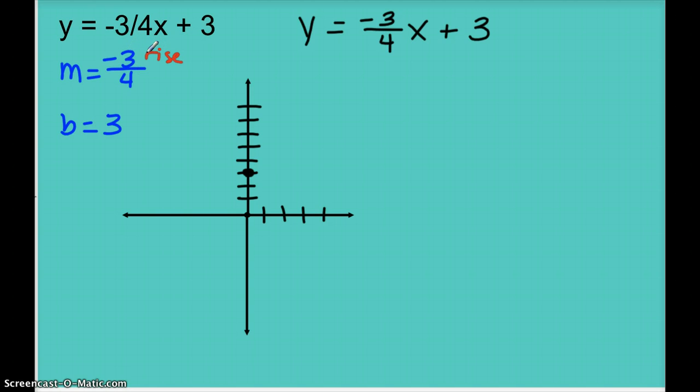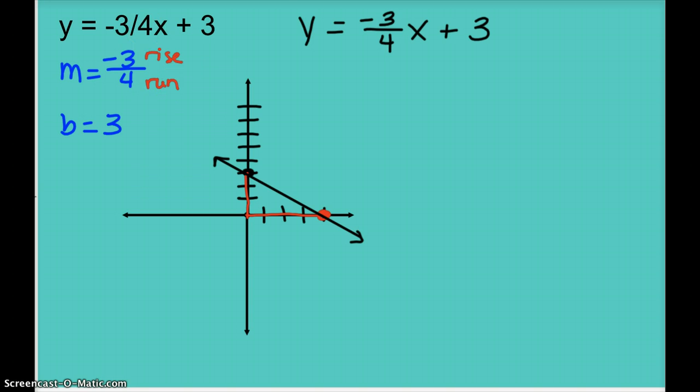So we need to rise -3, which means I need to come down 3, and then I'm going to run a positive 4, so I'm going to come to the right 4. That's where my next point would be. So I have my 2 points. I'll go ahead and connect those, and then there's your line.